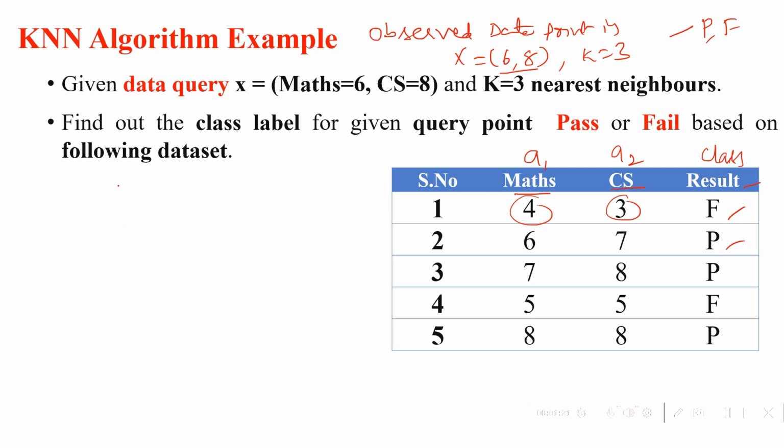Now they are giving the new data point x equal to 6, 8 and the number of neighbors k equal to 3. Based on this information, we are going to find out the class label, whether it is pass or fail.